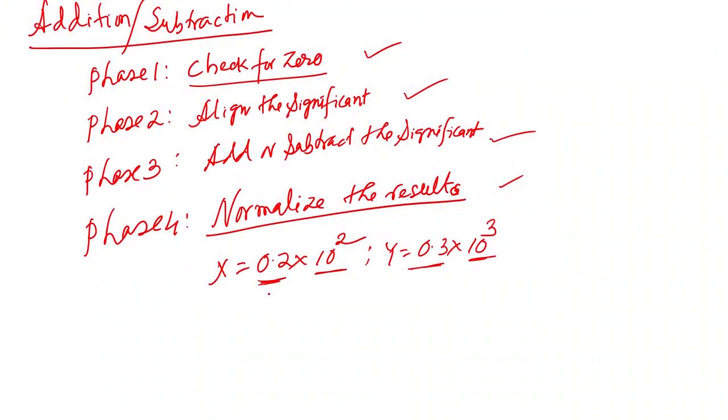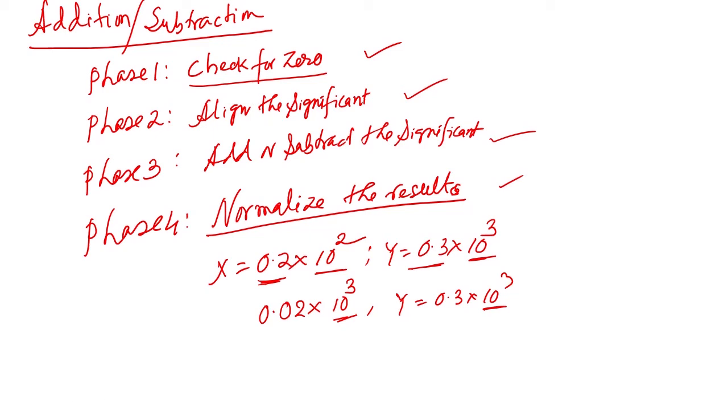So, how do you align it? If you move to the right, you will get 0.02, and the exponent 2 will be incremented by 1, so it will be 10 to the power 3, and this side you keep the same, 0.3 into 10 to the power 3. So, both are the same.